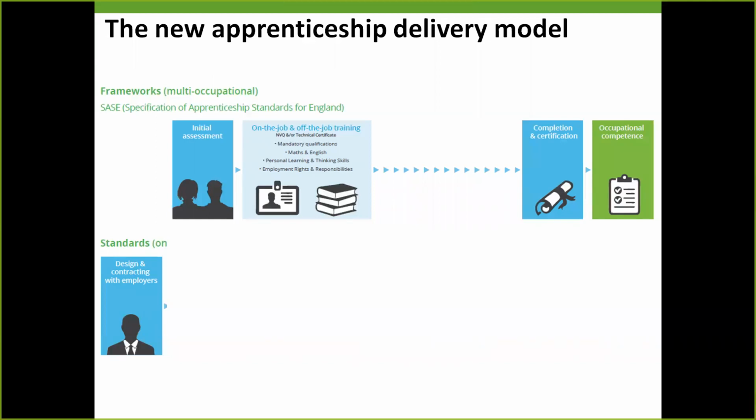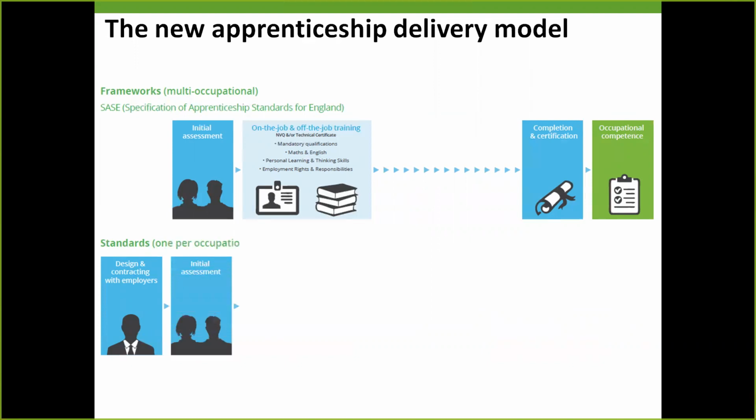As a provider, it's really up to you to work out how much you want to charge for your services, and also negotiate that with the employer. So there's a lot of contract and negotiation right at the beginning.